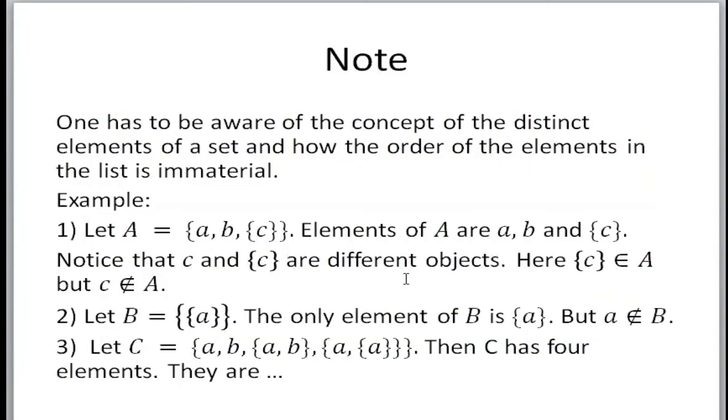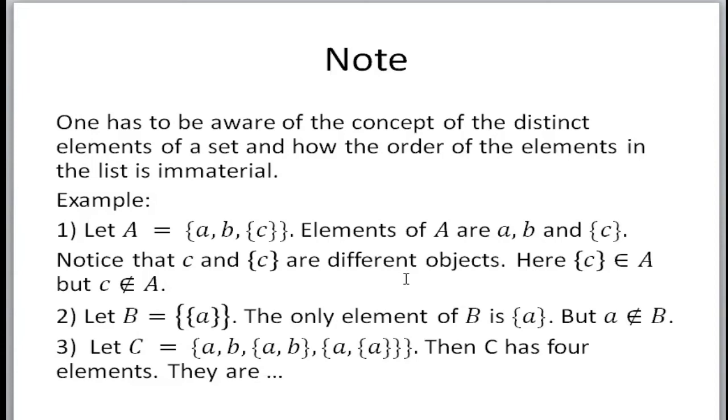Then you should be aware of the concept of distinct elements of a set, and how the order of the elements in the list is immaterial. That means the elements should be distinct.